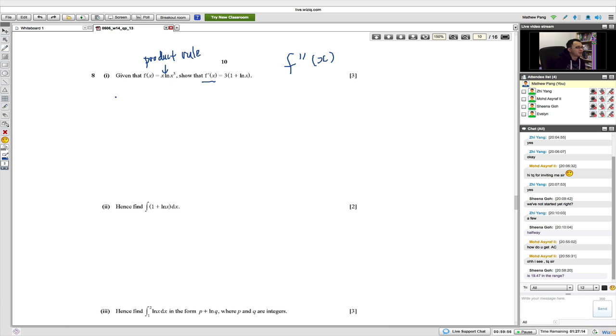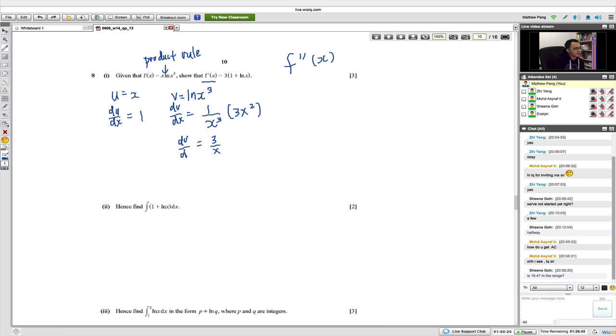I know u equals x, v equals ln x cubed, and then I differentiate u, du/dx, I will write 1, and then dv/dx is 1 over x cubed, and then I differentiate x cubed, I will get 3x squared. So I simplify this one, I basically will get 3 over x for dv/dx.